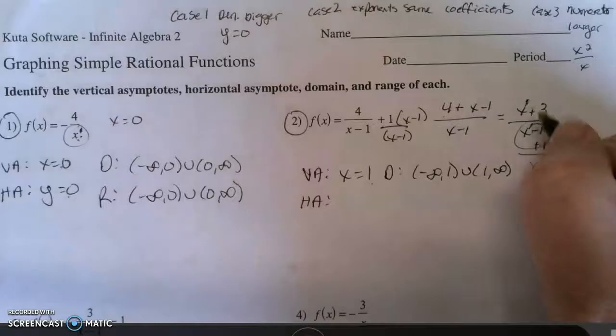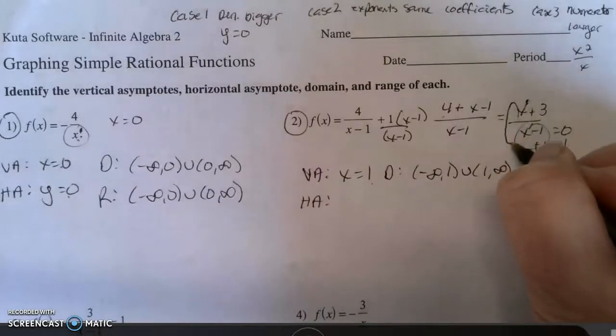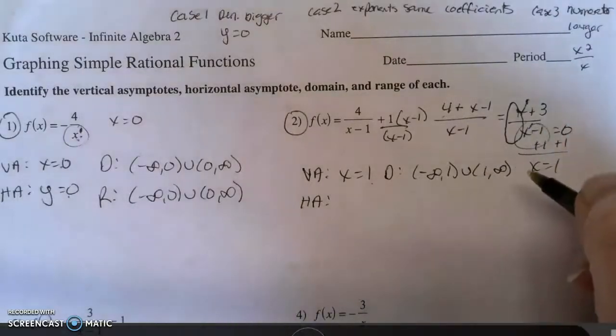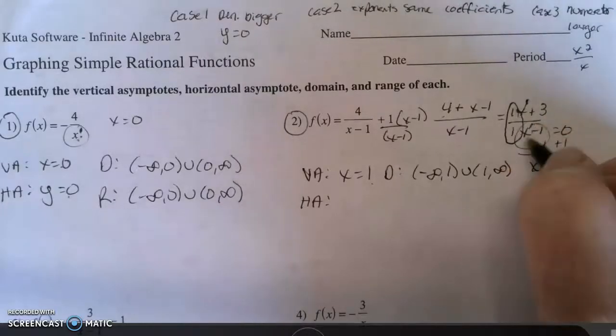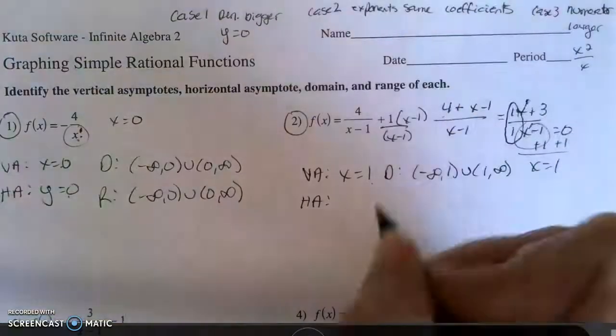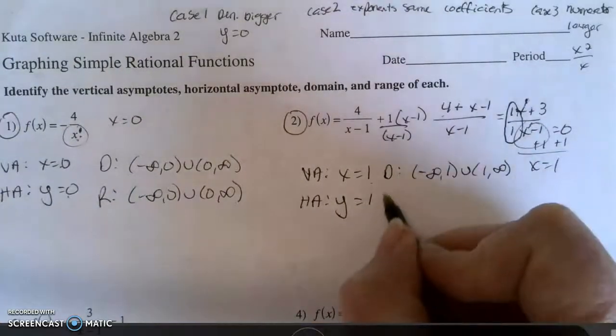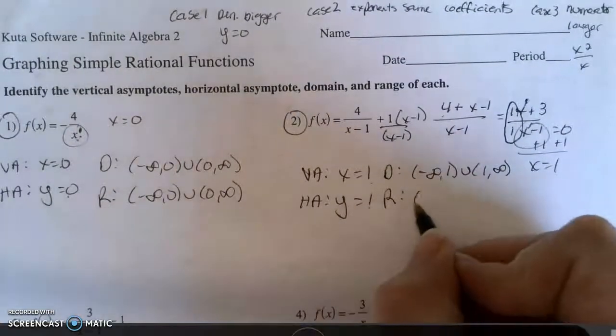So I look at the numbers in front. I don't see any numbers in front. So if I don't see any numbers, do you remember what there is if you don't see it? It's a 1. So I've got 1 over 1, which simplifies to 1. So my range stops at 1.